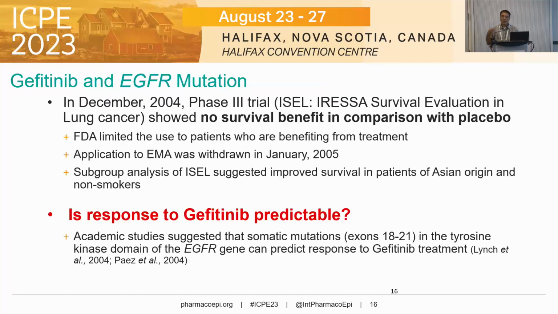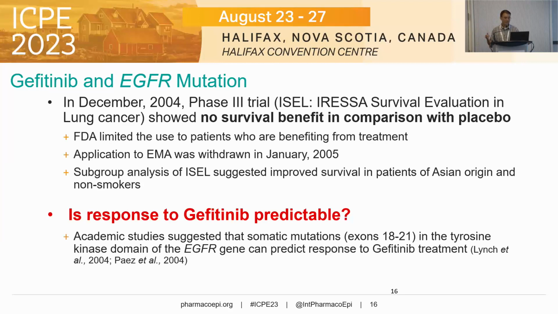As you know, at the US FDA, even if you get accelerated approval, you have to continue to do additional randomized phase 3 trials, using overall survival as the endpoint, before you can convert to traditional approval. In December 2004, the phase 3 trial failed because it did not show any survival benefit compared with placebo.